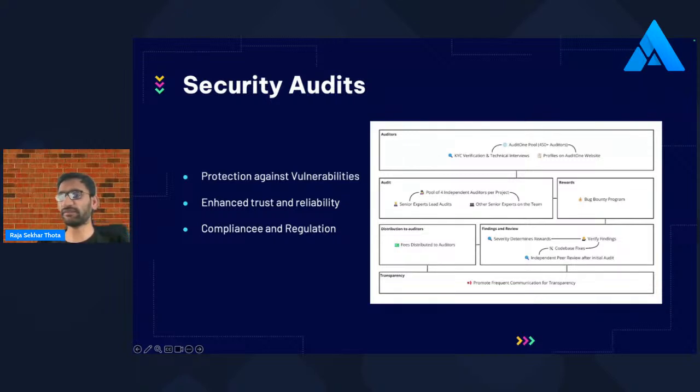Whenever we get a Web3 project, we allocate 3 to 4 auditors who work independently to identify what exploits could be done or what the issues in the code are. This includes lead experts as well as experts from our team, who look into the project individually, and later a peer review is conducted.